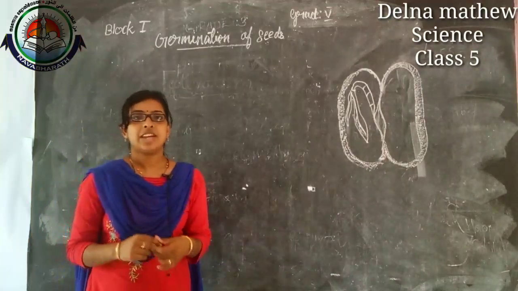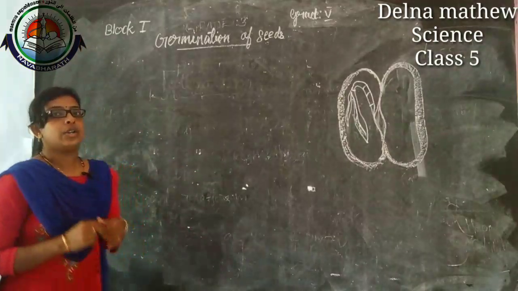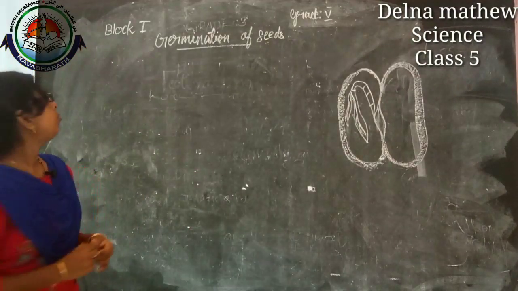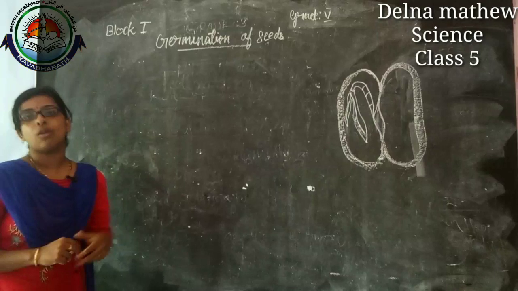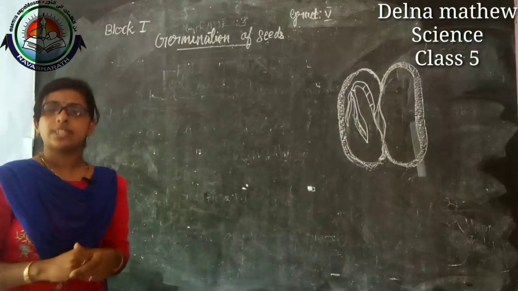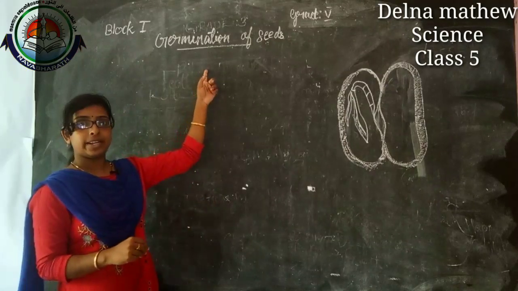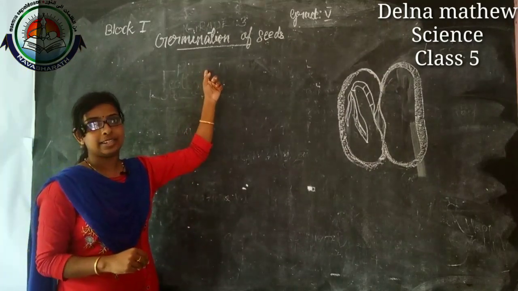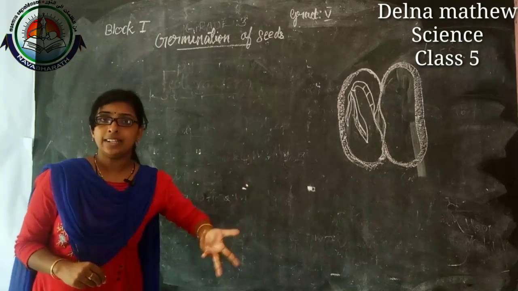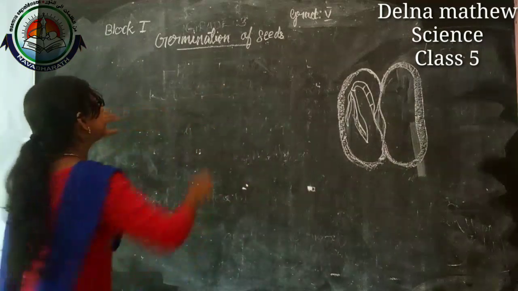And today we are going to start our new chapter. Our block 1 is germination of seed. Can you say which subject I am going to teach you? Is it mathematics? No. Then science? Yes, it's science.